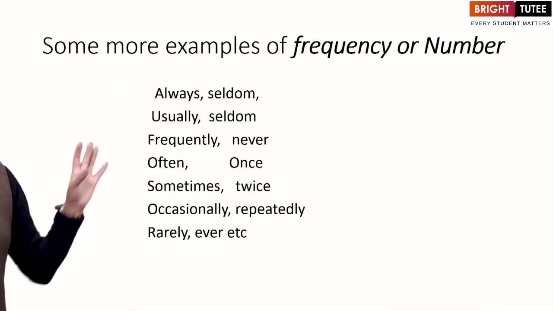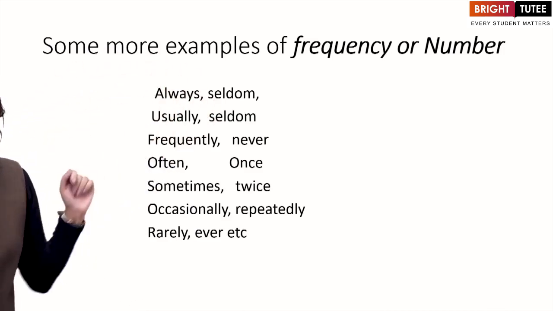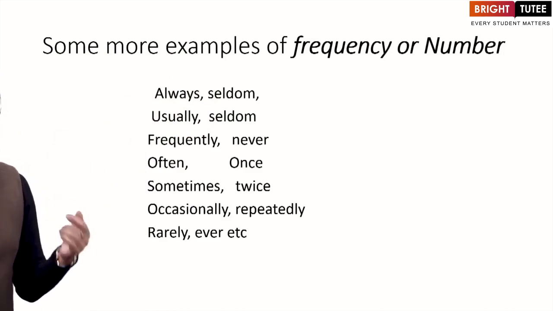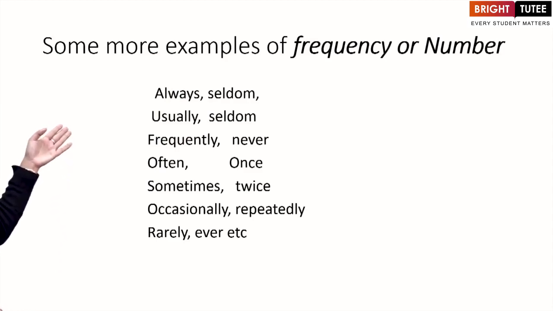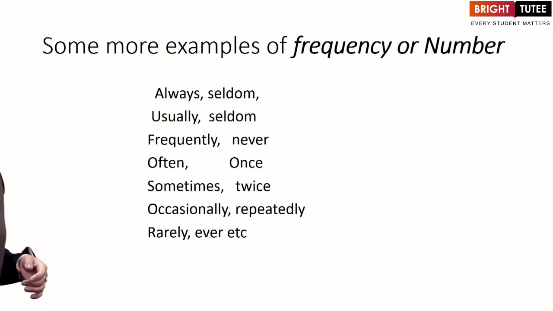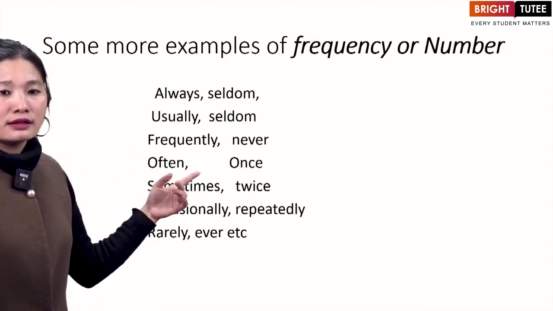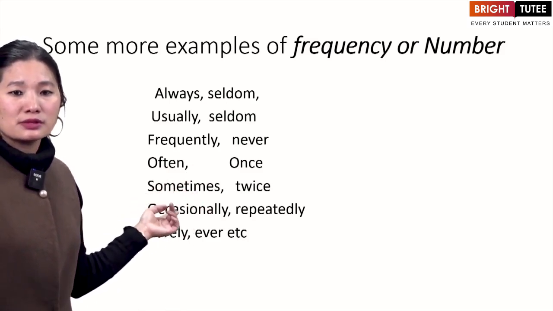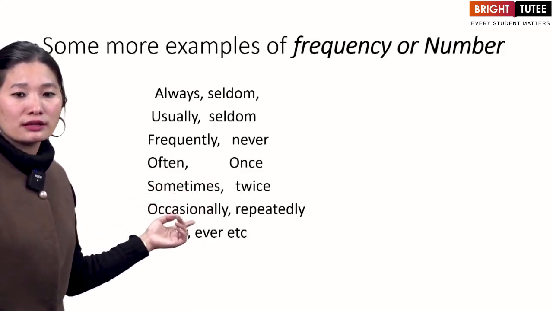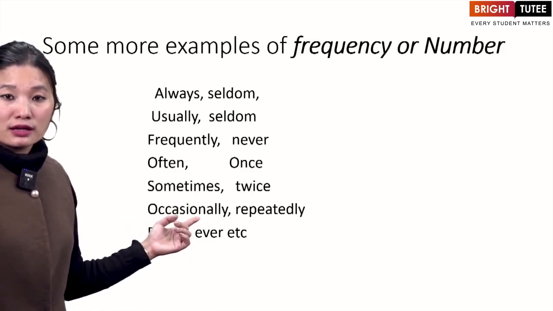Since it's very long, I just wrote some more examples. But when I say frequency, it is adverb of frequency. You can all look at this. Always, seldom, usually, frequently, never, often, once, sometimes, twice, occasionally, repeatedly, rarely, ever, etc.